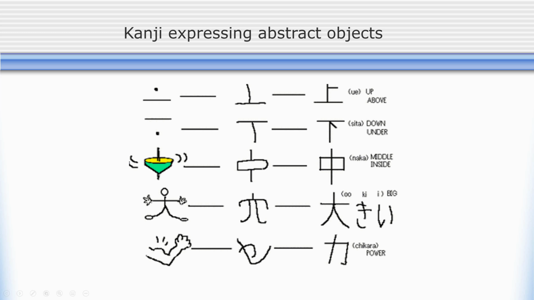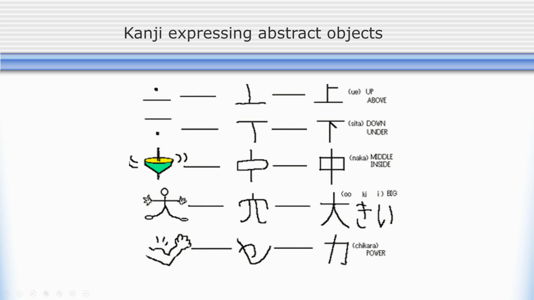And then we would eventually come up with shita, which means like down or under or below. We might have taken a picture of a person stretching their arms and legs way out to show something is big. And then use that later on for a kanji like oki to mean something is big. So a lot of the kanji that we are going to look at today are related to this in some way.